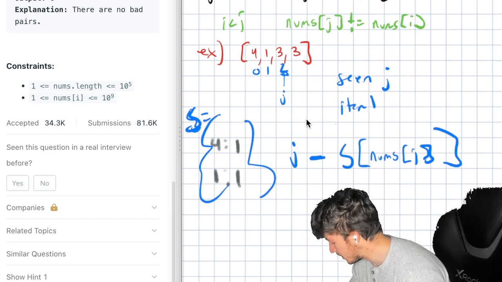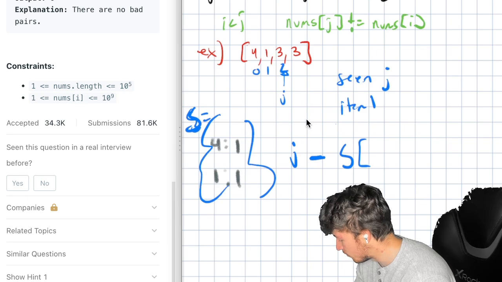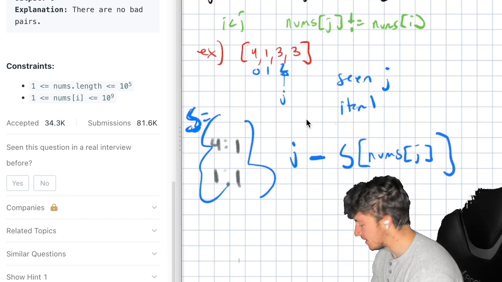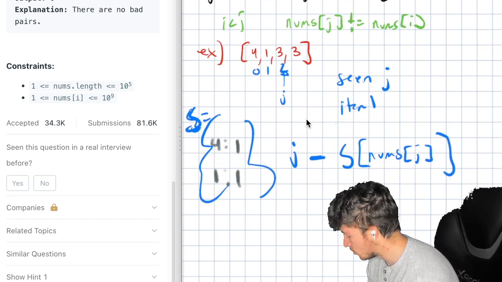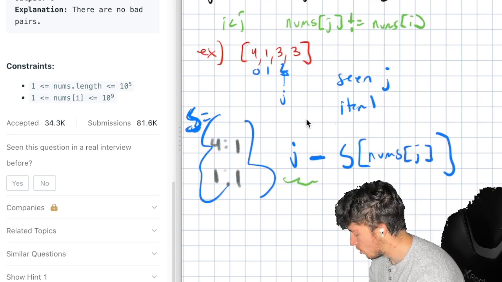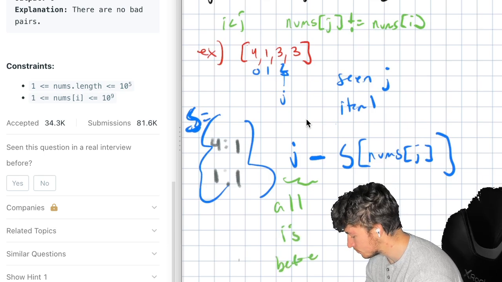And we'll write that again to make it a little bit more clear. So if I keep track of everything that I've seen so far, right? Now, I'll make this a little bit more clear by annotating here. So this term here is what? This term is all the j's before me. I mean, all the i's before me.